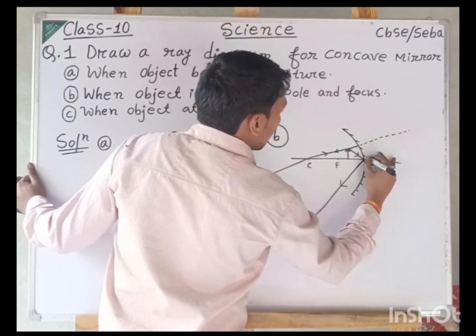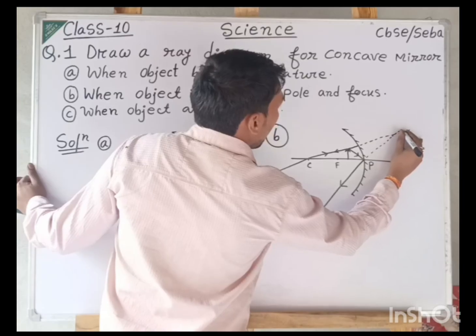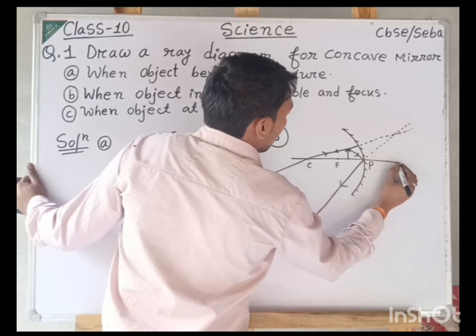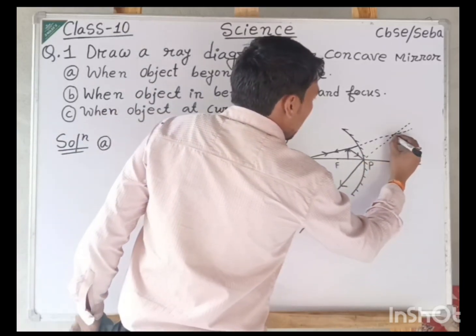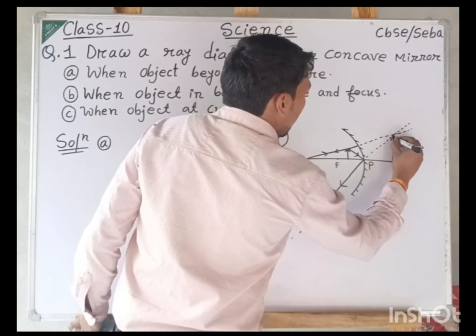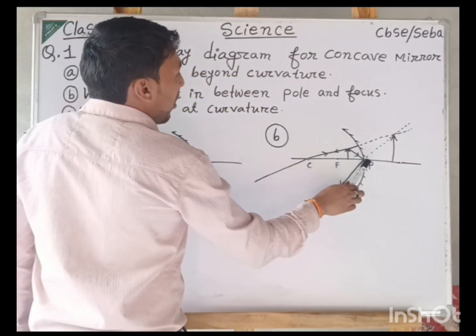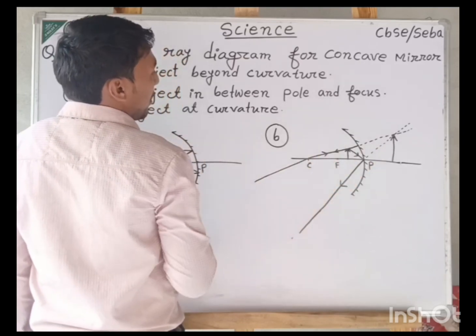After extending this, wherever these two rays intersect each other, at that point I will get the image of this object. Here the rays intersect each other, means here I will get the image. The object is placed in between pole and focus, and the image I have got here behind this mirror.